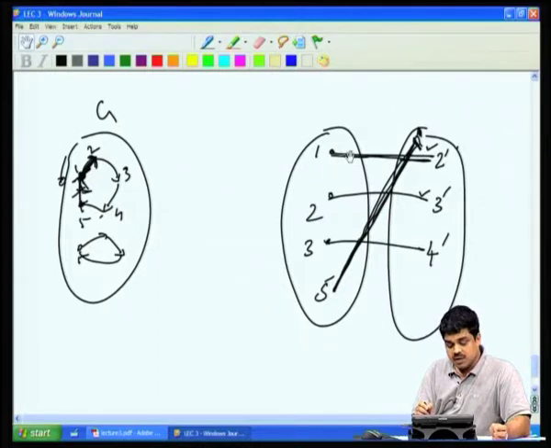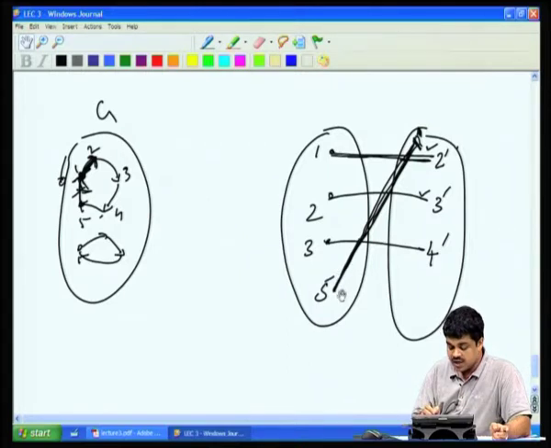Now, every vertex is in at least one cycle in the cycle cover. Therefore, corresponding to every vertex we will have an incoming edge and an outgoing edge. So, for a vertex I, we have the copy of I in A and B, and both of them will see one edge touching them.